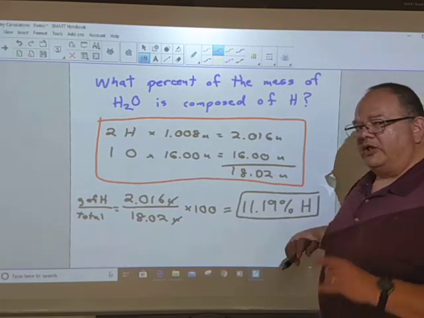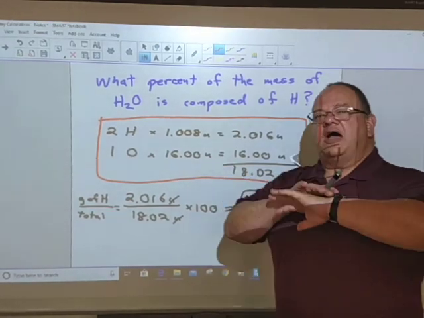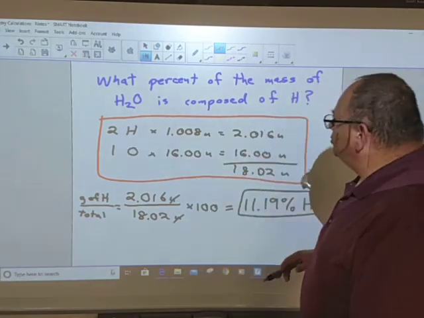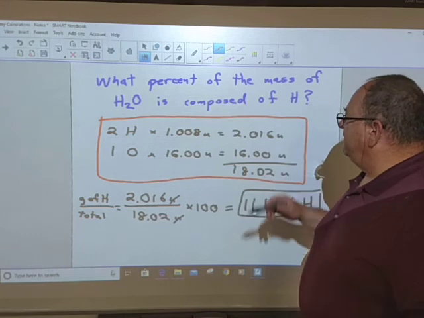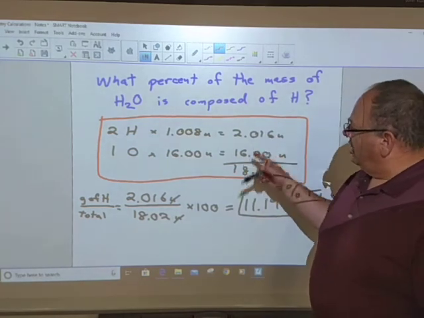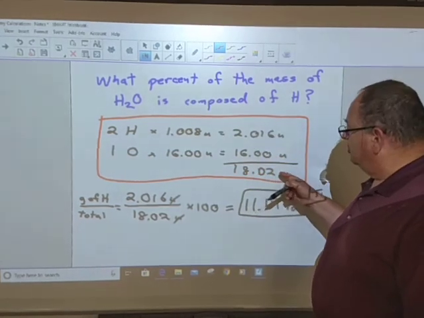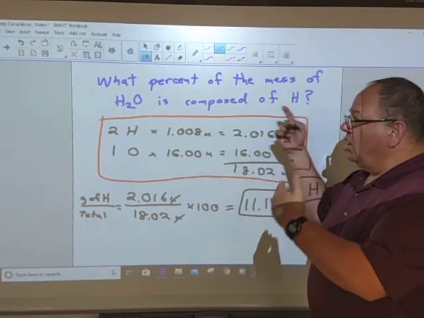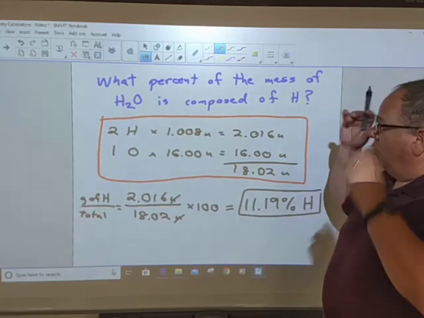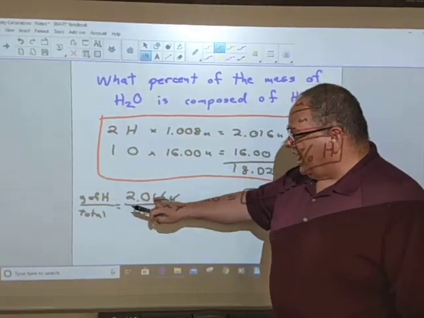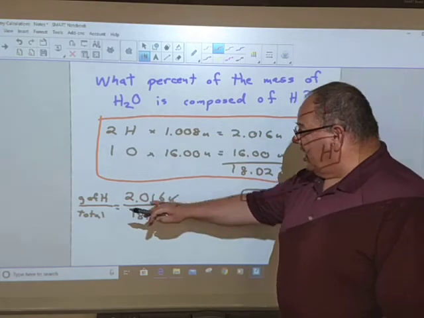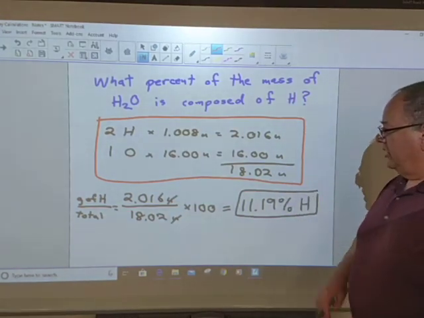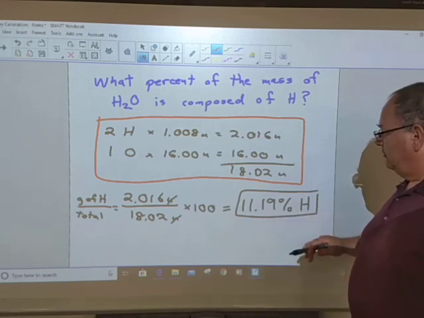That's the mass of a water molecule. But when I write this all out, I have all the information I need to do any percents. So in this question, I was asking what percent of it is hydrogen? Well, we look right here. Of this 18.02 units, 2.016 units were hydrogen. So what do I do? I take the mass of the item I'm looking for, hydrogen, divided by the total mass, times 100, and I find out that water is 11.19% hydrogen.